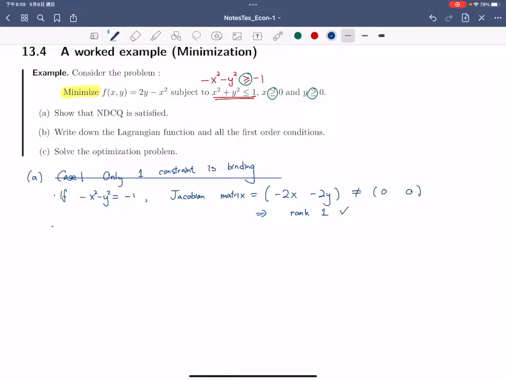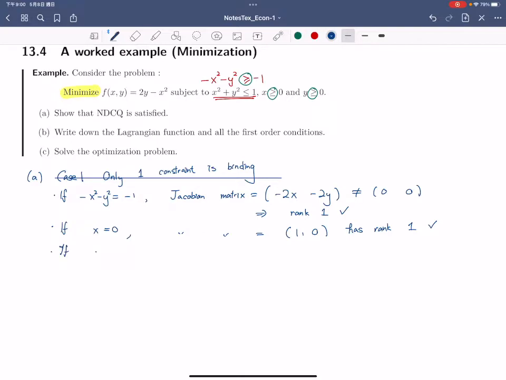And then if this time x equals 0, so it's the second constraint that's binding, then the Jacobian matrix equals 1, 0, and obviously 1, 0 has rank 1, so that's okay.